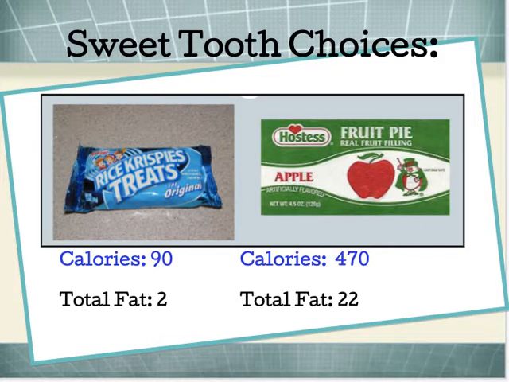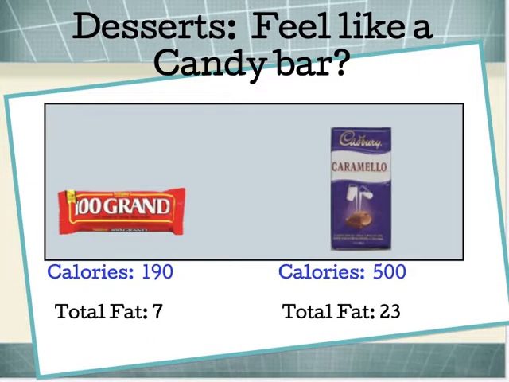Sweet tooth choices. We have a Rice Krispies treat, or we have a fruit pie, fruit filling, apple pie here. Look at the difference. Most people would think, oh, apple pie, that's got to be good for you. But look at the calories in that thing and the total fat as well. One simple Rice Krispie treat is going to satisfy that hunger and be a lot better choice in both calories and total fat compared to the Hostess fruit pie.